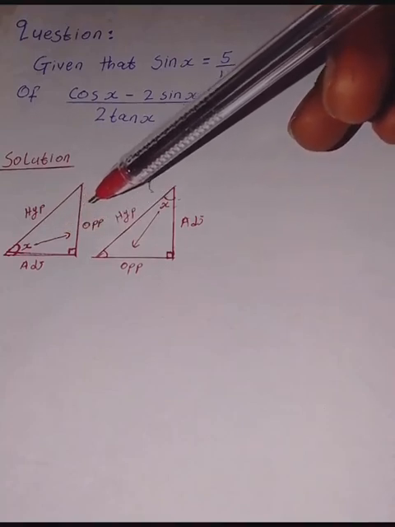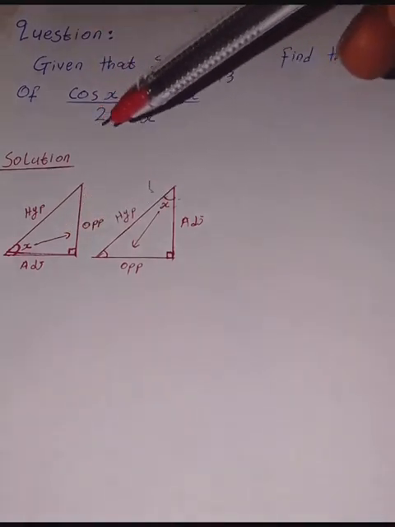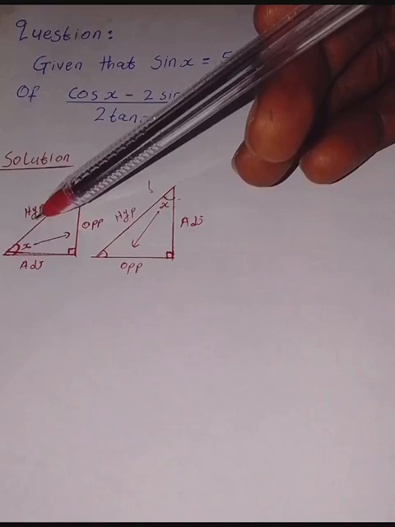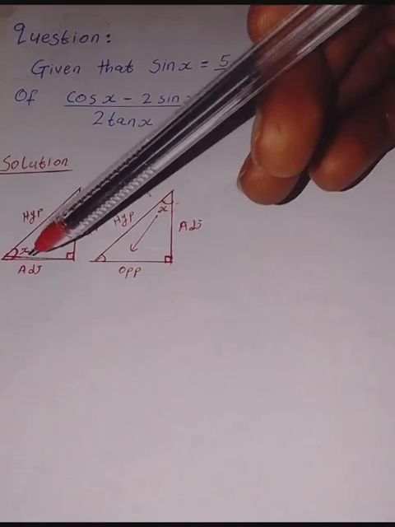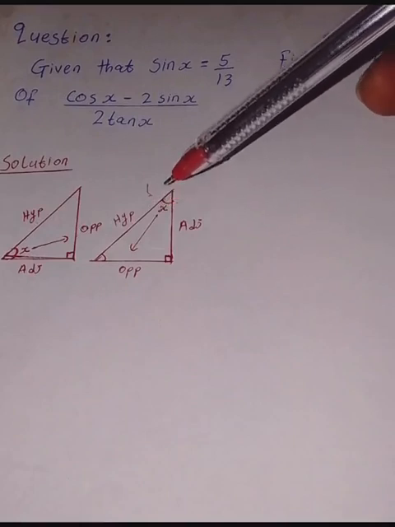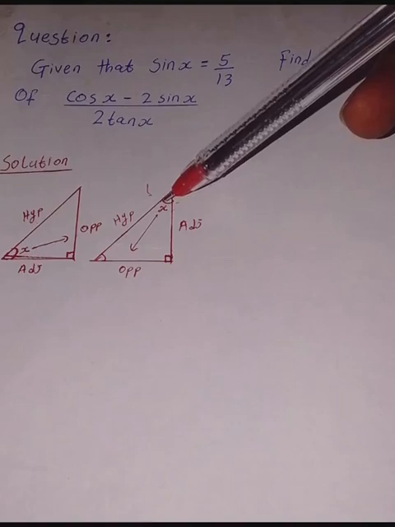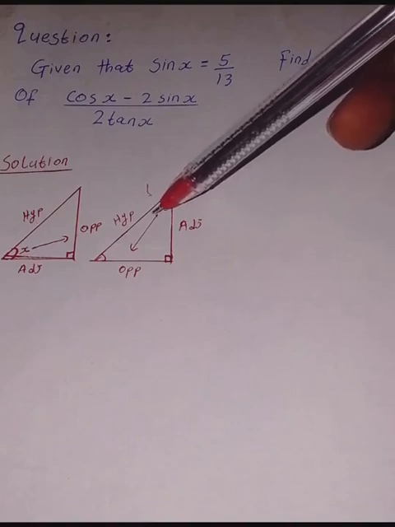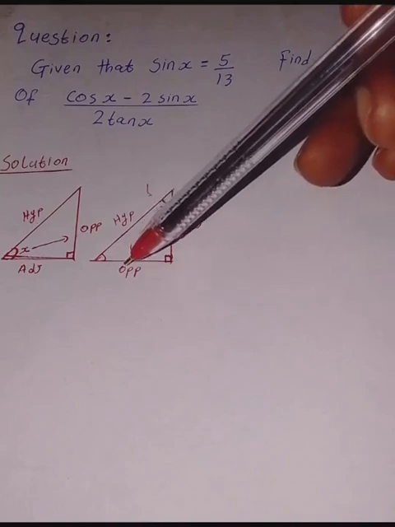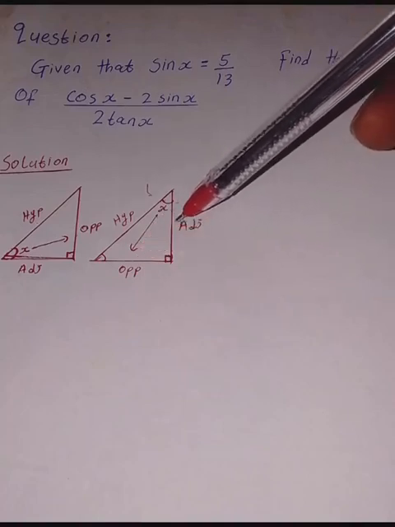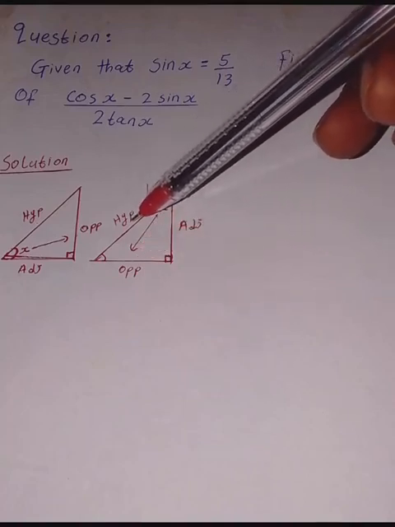And the longest side of a right angle triangle is called the hypotenuse. So this is the hypotenuse here, and this is the adjacent here. Let's look at the second triangle too. We have x here. This x is facing what side now? This side here. So this makes it the opposite, while this side is adjacent, and this is the hypotenuse.